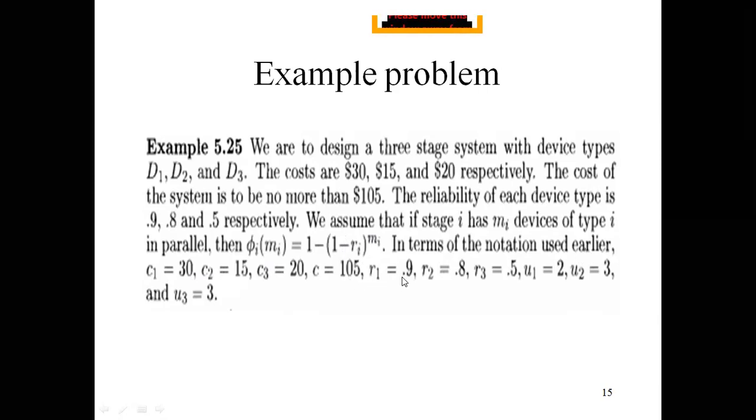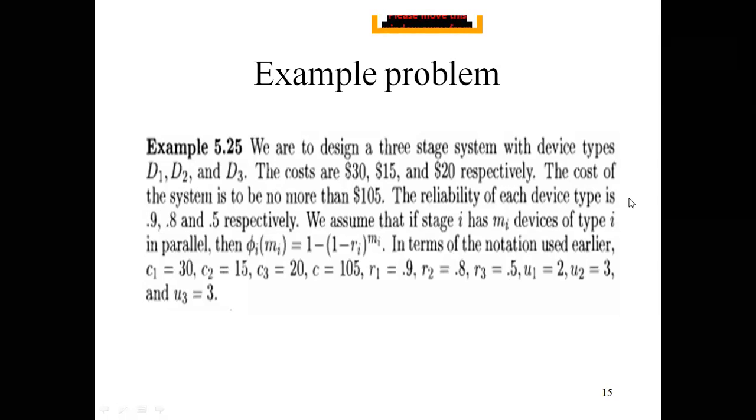So R1 is 0.9 reliability. Now see the upper bound. Upper bound U1 is equal to 2. How did you get this upper bound? You will get the upper bound by using the formula floor of (C minus sigma Ci) divided by (Ci plus 1).